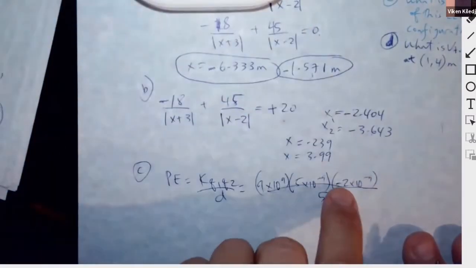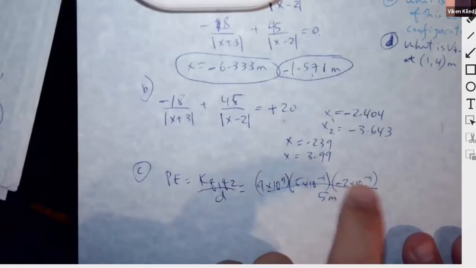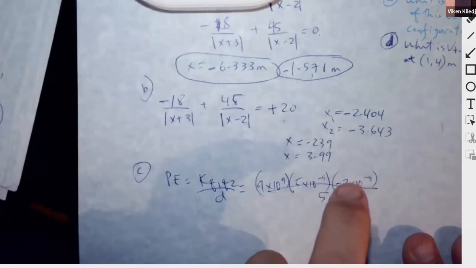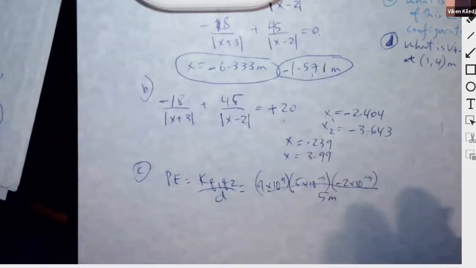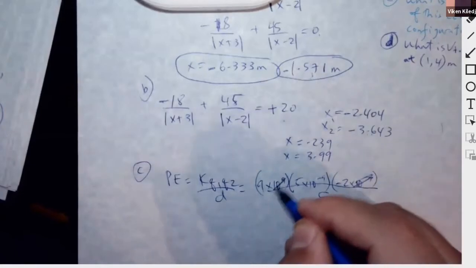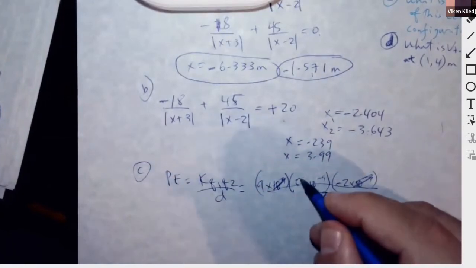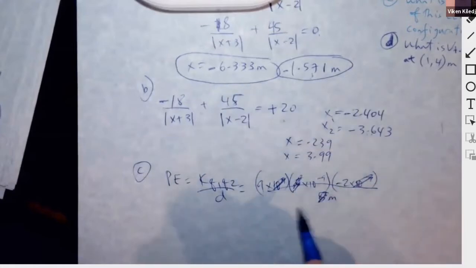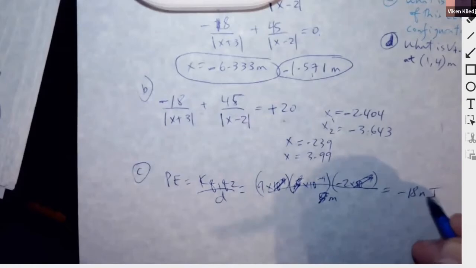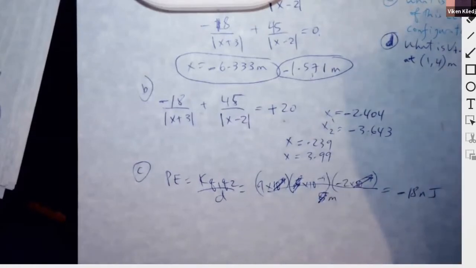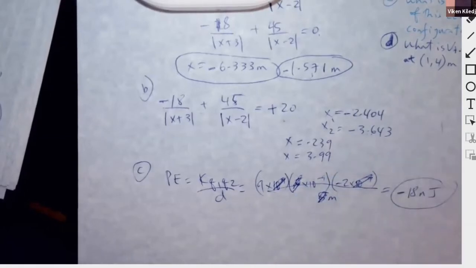I'm putting the negative in for voltages and electric potential energy. You always put the sign of the charge. Then this cancels this, and the 5 cancels the 5, and you get negative 18 nanojoules. So that's the potential energy of the two charge configuration. And if it asks how much energy you need to separate them, that would be 18 nanojoules, right?